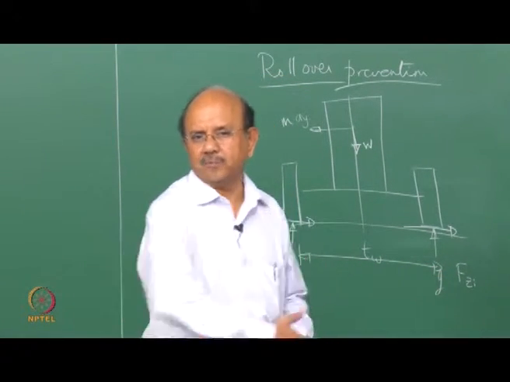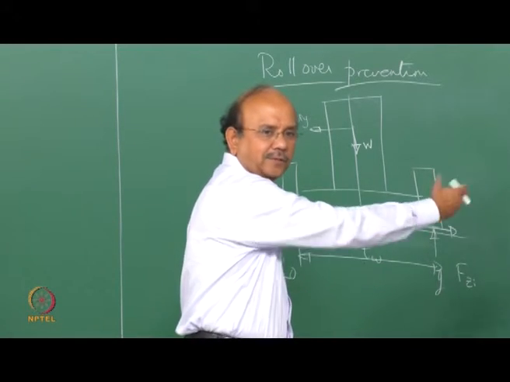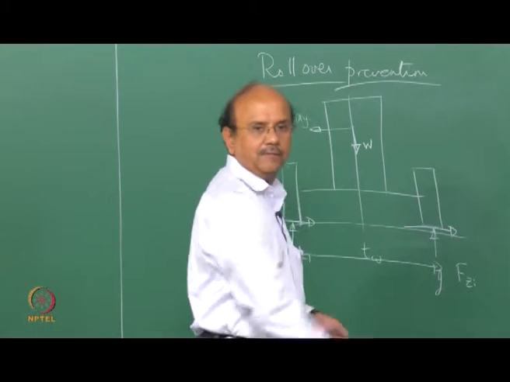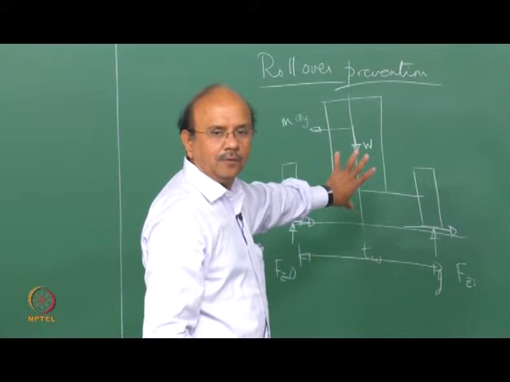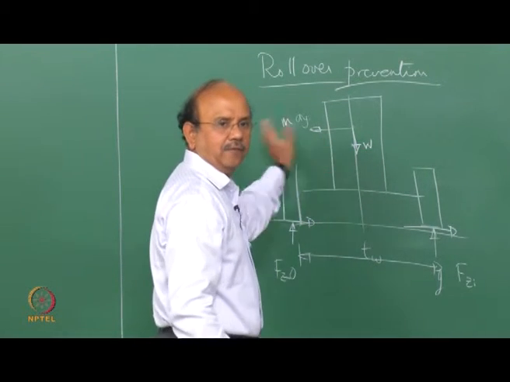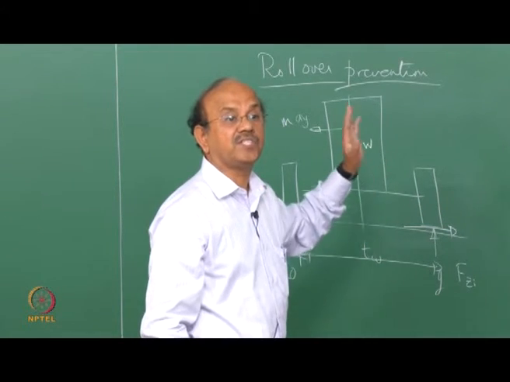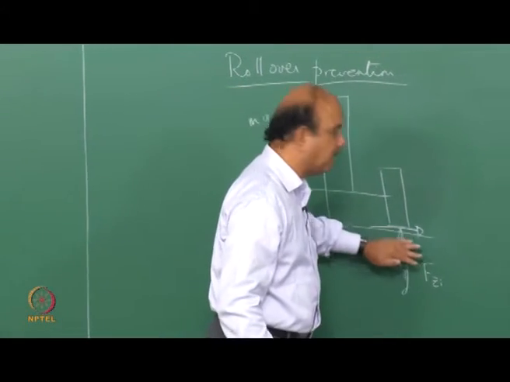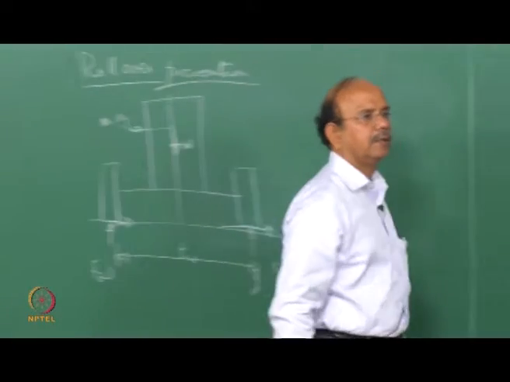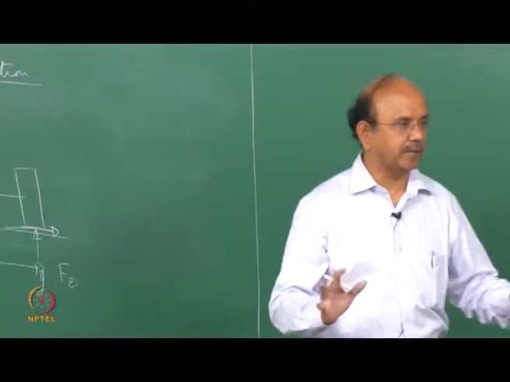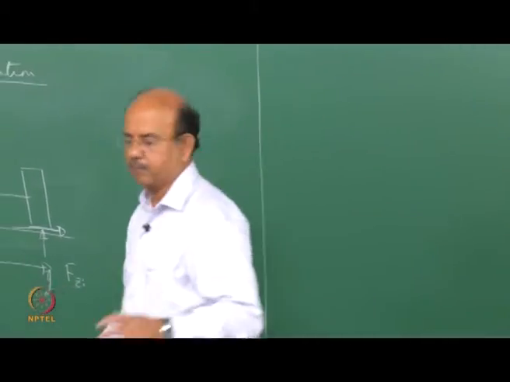How is it going to roll over? I'm going to take a turn to the right. Where will it turn over? Which side? To the left. So I assume that the rollover condition is achieved when I lose contact of the inner tire with the road. This is the condition which I am assuming.